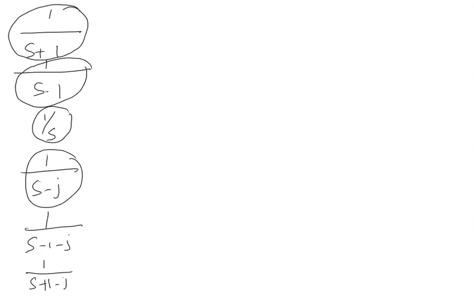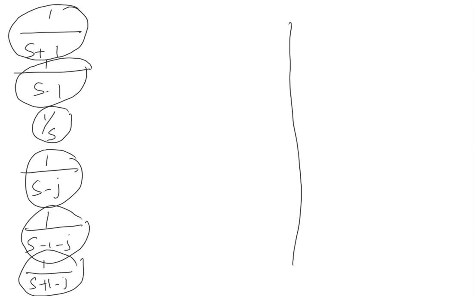So out of these 6 transfer functions, you can frame one rule. Suppose you plot the roots of s plus 1 equal to 0. What is the root? Minus 1. So can you just locate the root? Minus 1 is here.